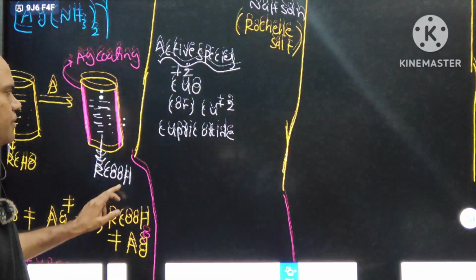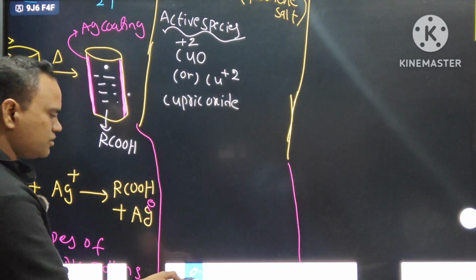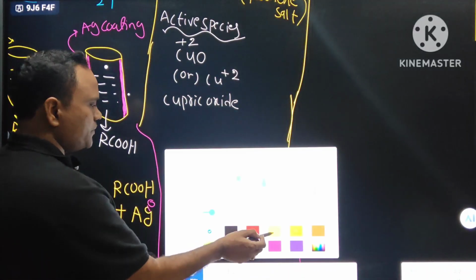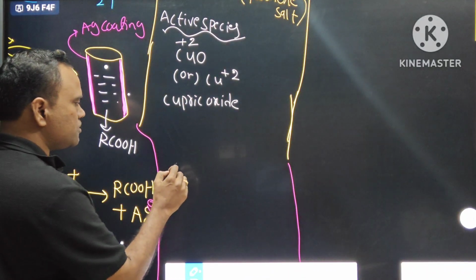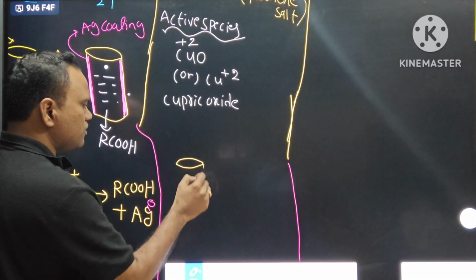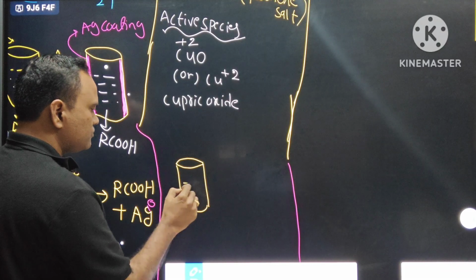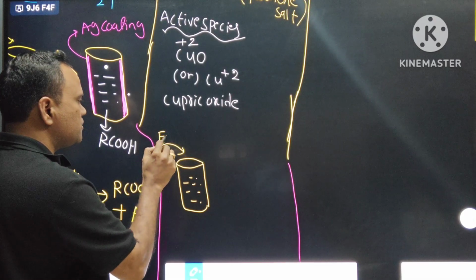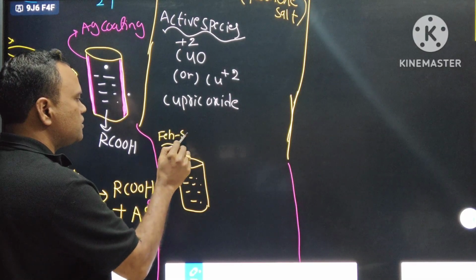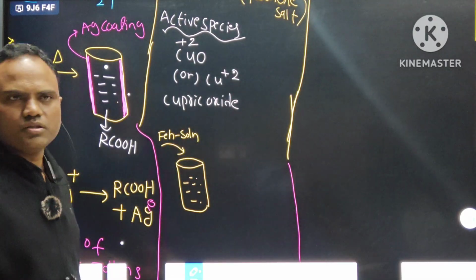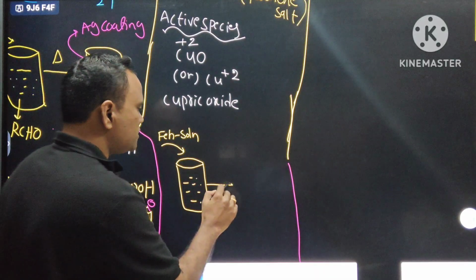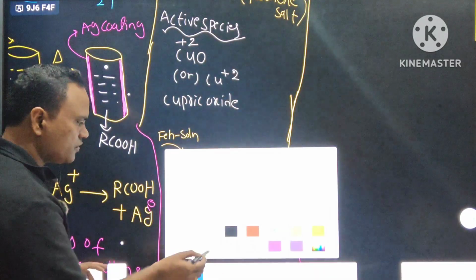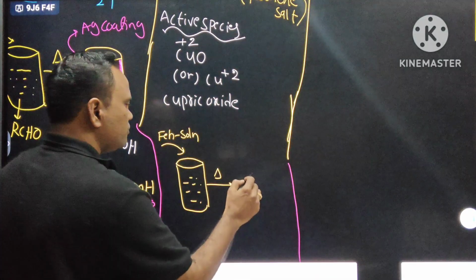Test details. See what happens. You should know about the test. We take a given unknown compound in a test tube. This is the unknown compound. We add Fehling's reagent or Fehling's solution, and we heat it for some time. Then what will happen?